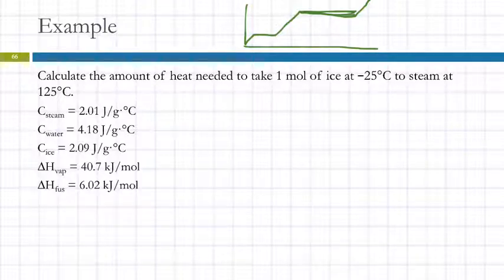So the question is telling me that we're starting at minus 25. So my starting point here, I'm going to label minus 25 degrees Celsius. And the final temperature where I'm ending is plus 125 degrees Celsius.